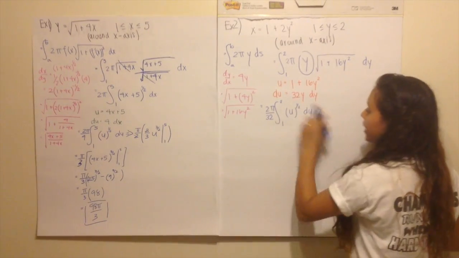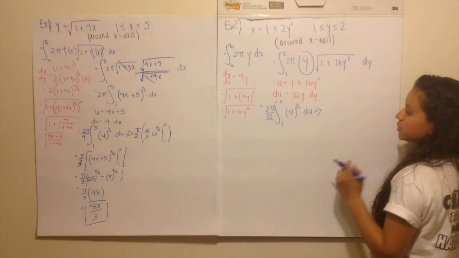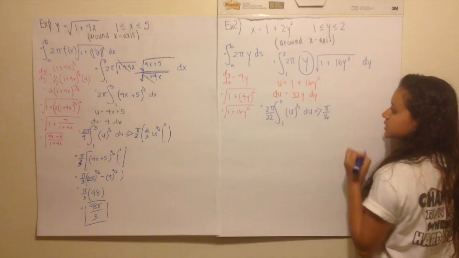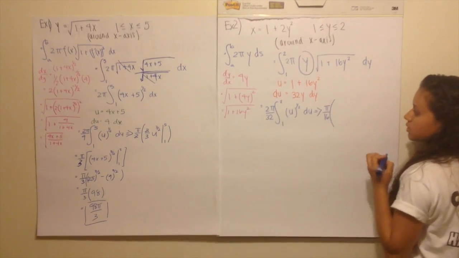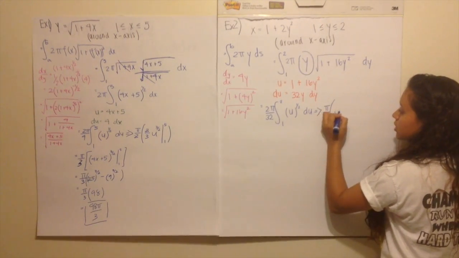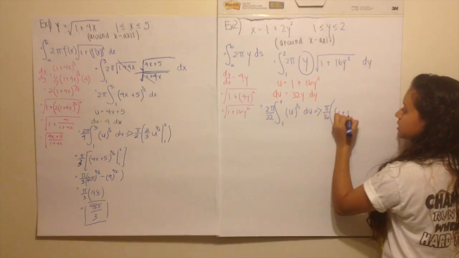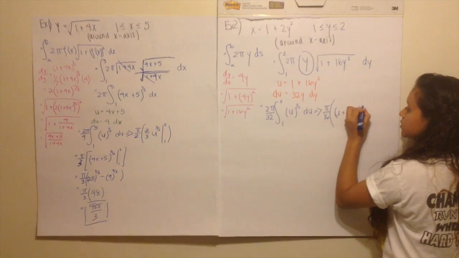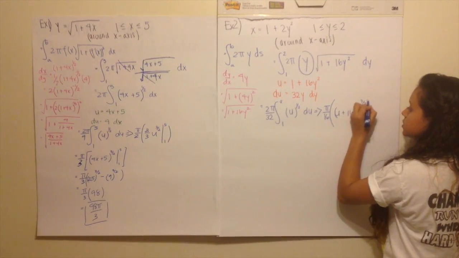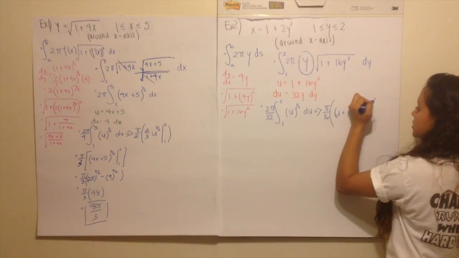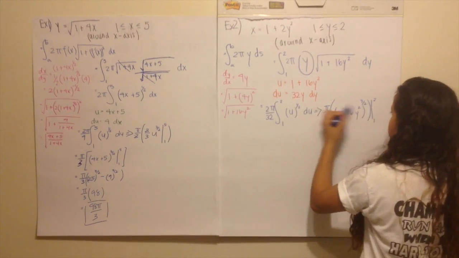So when we plug back in our u, it's going to be pi over 16 times 1 plus 16y squared to the power of 3 over 2, and this is an interval from 1 to 2. Okay?